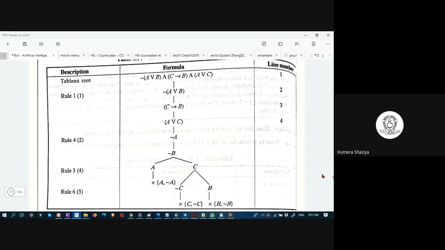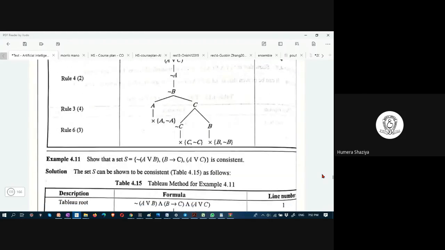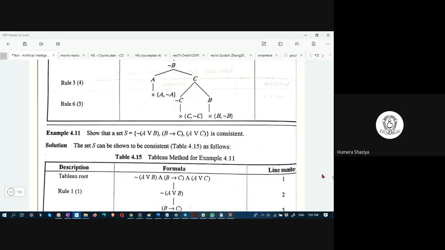B and B dash, also the path has to be closed. So up to here only we can construct. After this, all the path routes are closed.